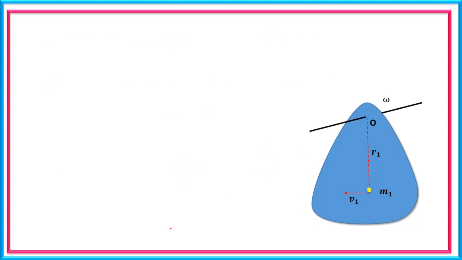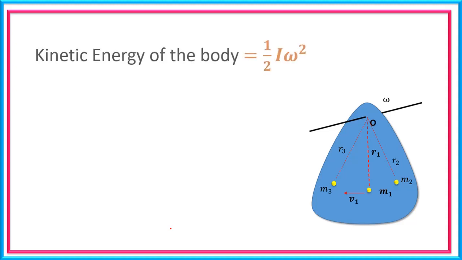But the body is not just the mass m1. It has several other masses distributed all over the body. Therefore, the kinetic energy of the entire body will be equal to the sum of the kinetic energies of all the masses.